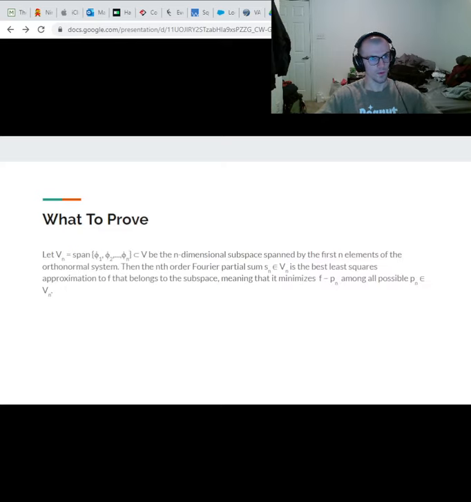So, what we want to prove for our least squares sense approximation or definition of Fourier series is that if we have a V sub n, which is the span of the orthonormal vectors or functions within V, then the nth order Fourier partial sum, S sub n, being the summation of orthonormals times constants, is the best least squares approximation for an f that belongs in that same V sub n, meaning that we're minimizing the norm of f minus p among all possible p sub n elements of V sub n.